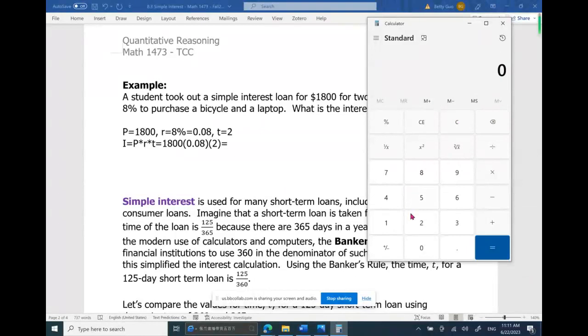Let's do it again. 1800 multiplied by 0.08 and then multiplied by 2. $288, because the interest rate is pretty high, 8%.